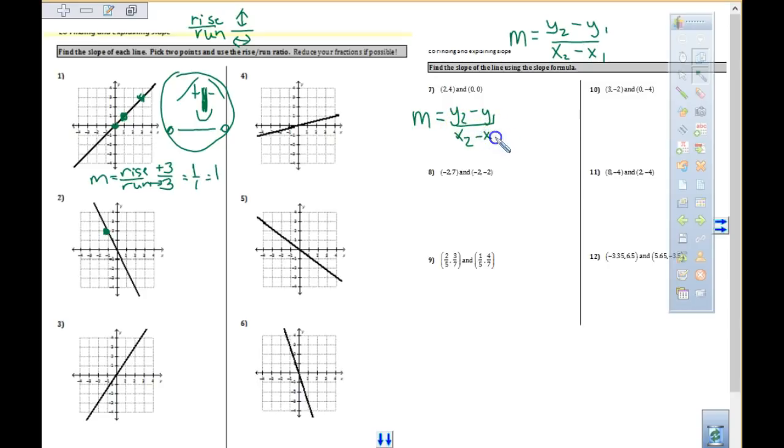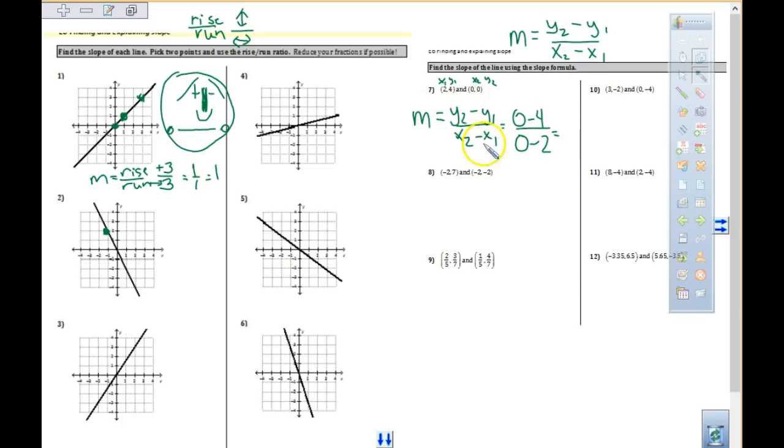So you will put this formula in, and then if we look at this, this is our x1, y1. This is our x2, y2. So when I subtract those, 0 minus 4 divided by 0 minus 2.